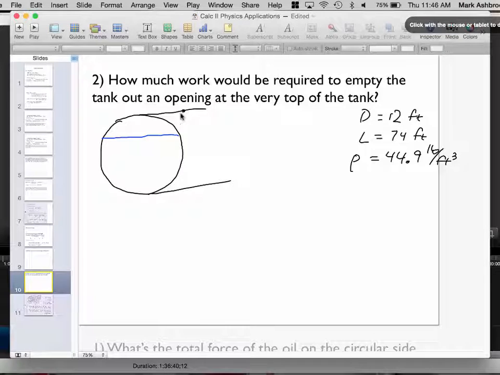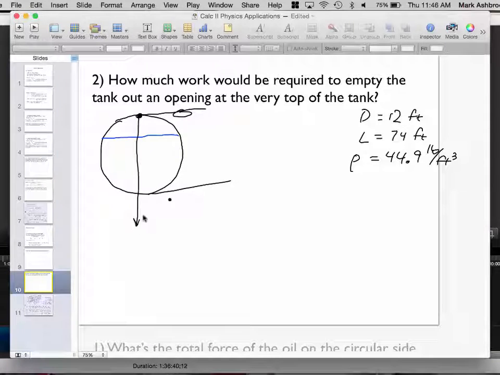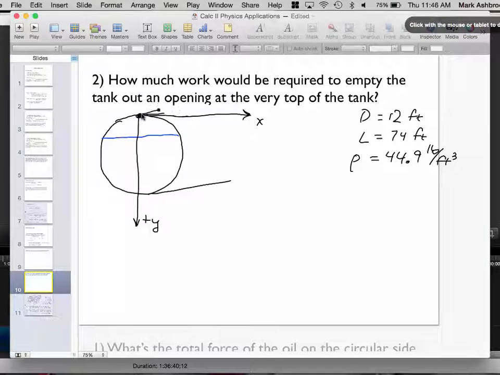If our opening here is at the top like this, then in terms of the distance we have to move every layer in calculating the work, let's put our axis this way, similar to what we did before with that last example with the pressure. So now that's going to be positive y down, and x to the right. And then this is going back into the page like this.